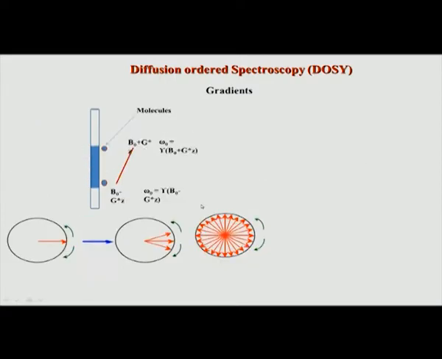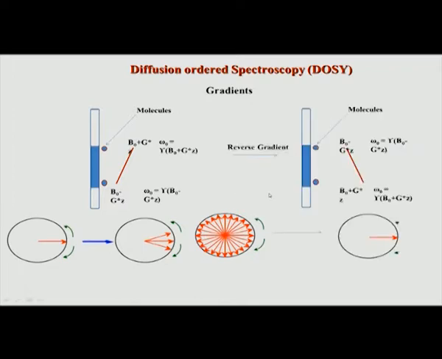Let us continue. Now suppose I have done this exercise, I have excited the magnetization, I have applied a gradient, and because of the gradient after some time the complete dephasing has taken place. Now, I can undo whatever I have done, the dephasing, by applying a reverse gradient.